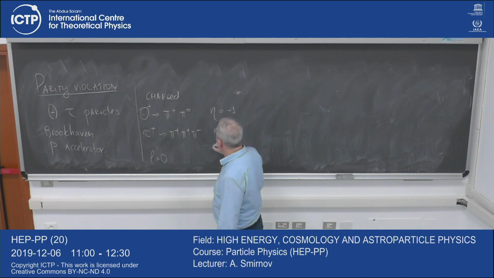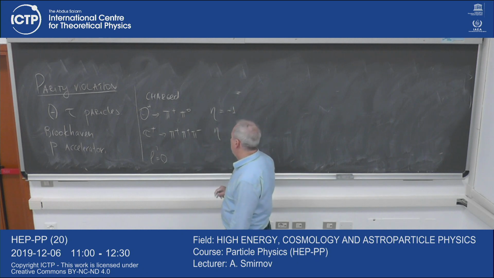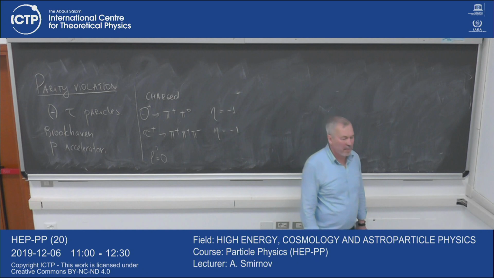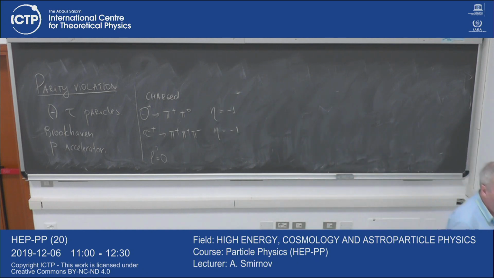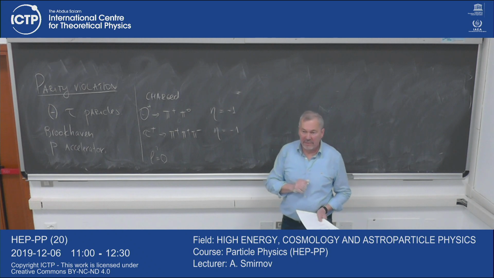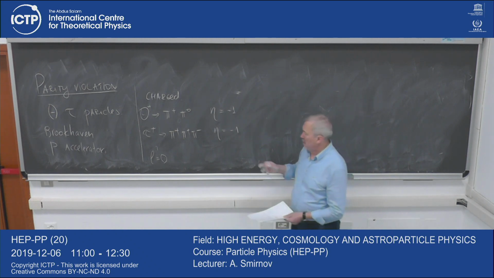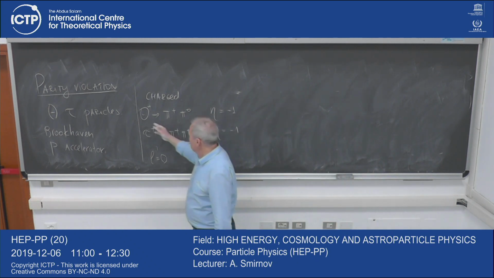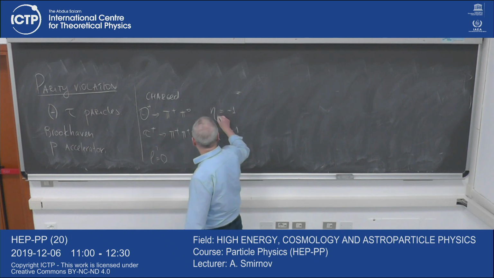Here the parity of these 3 particles is -1, right? Because you have 3 pions and each has parity -1. Okay, so 2 particles have been discovered which have different parities, right? So if you assume the parity is conserved, of course, then this is the parity of theta, and this is the parity of tau.